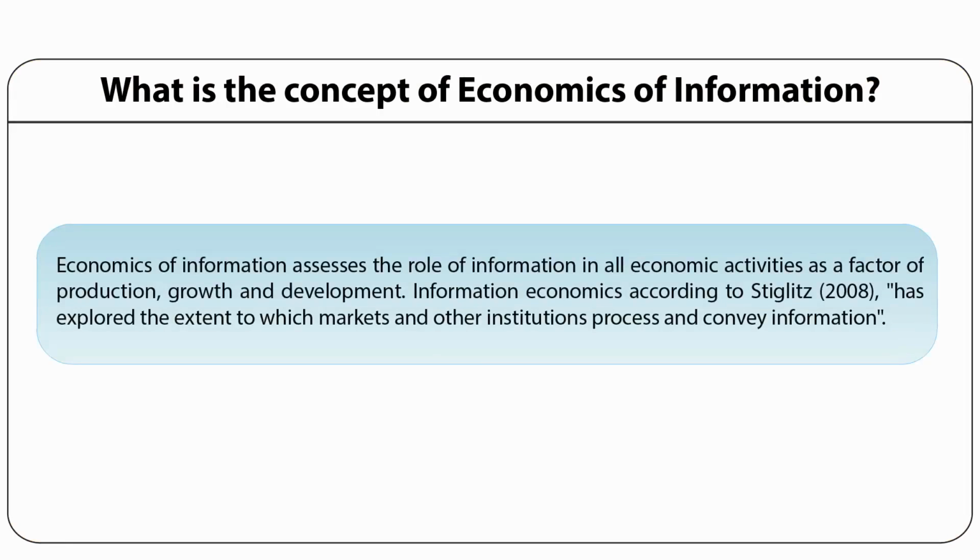It assesses the role of information in all economic activities as a factor of production, growth, and development. Information economics, according to Stiglitz, who is a Nobel laureate and a very famous economist, has explored the extent to which markets and other institutions process and convey information.